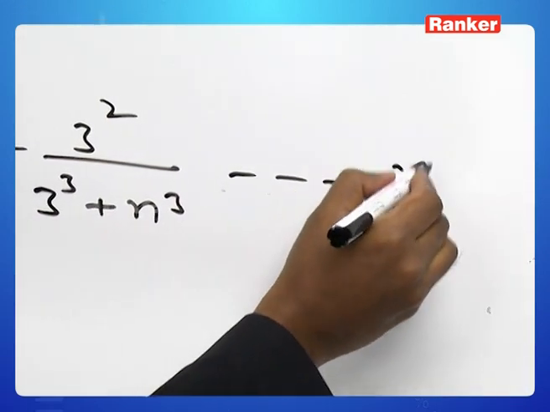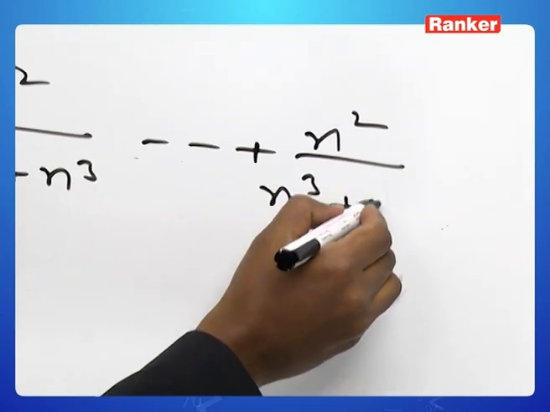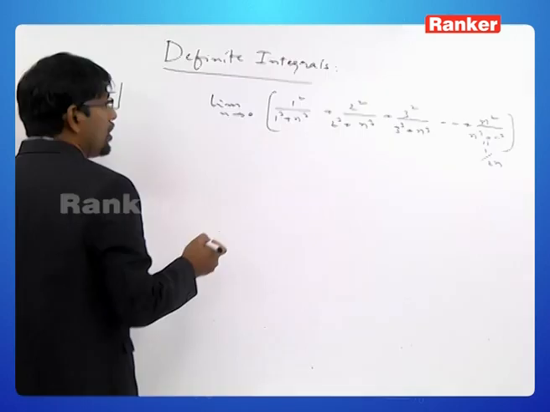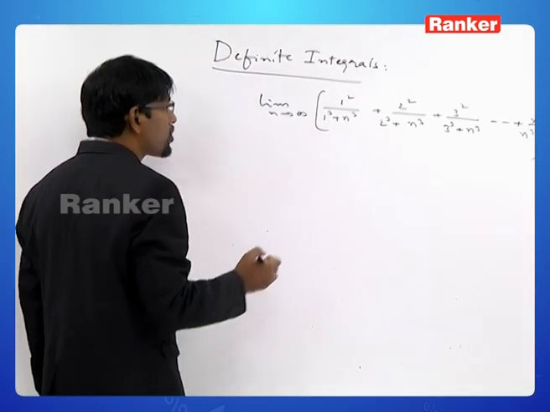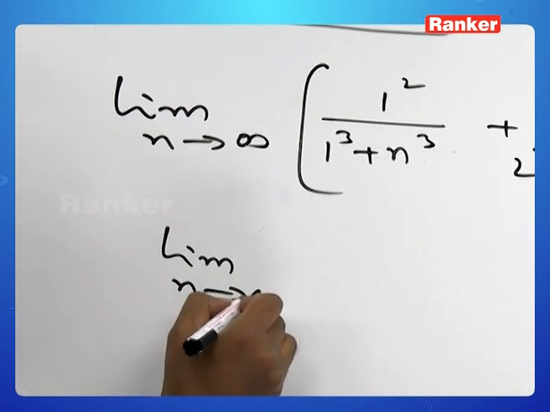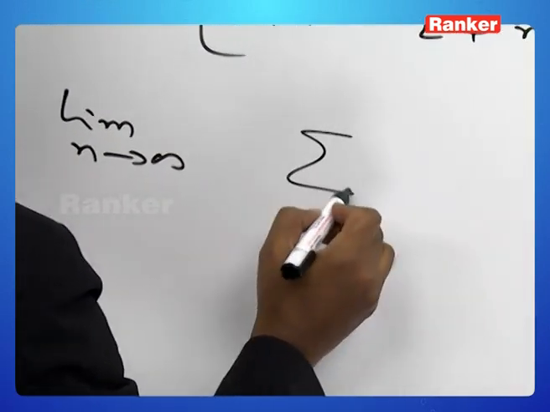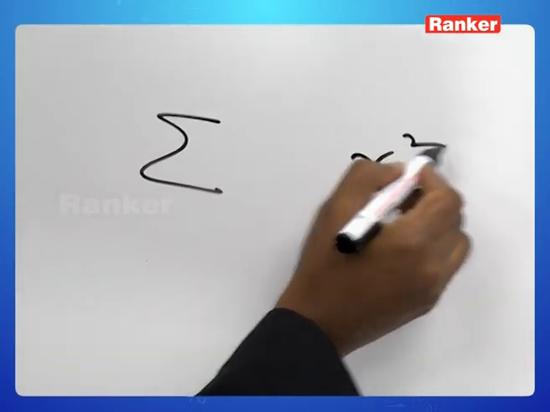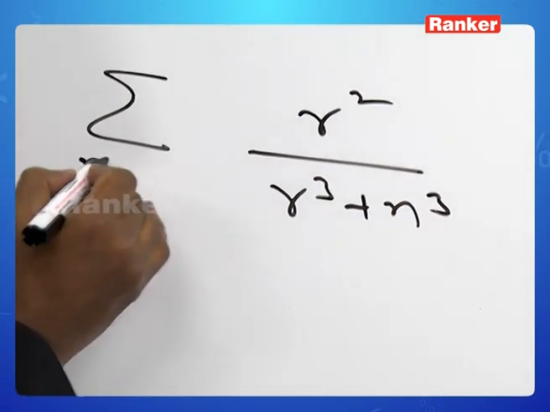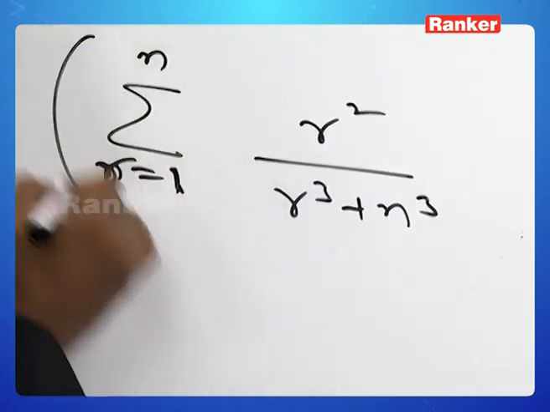The last term would be n square by n cube plus n cube. So that makes it 1 by 2n actually. That's what was given to us. It's clear from here that the general term, the rth term, will be r square by r cube plus n cube.